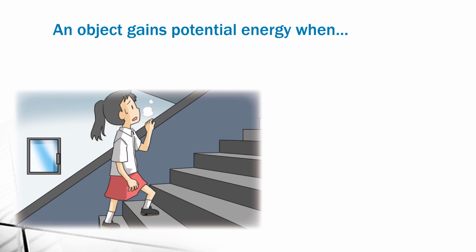Every time when you need to walk upstairs to integrated science laboratory, you will feel tired. You need to breathe heavily. Why? The reason is when you go upstairs, actually you're doing something to oppose your weight. The earth is pulling you downwards to the ground.